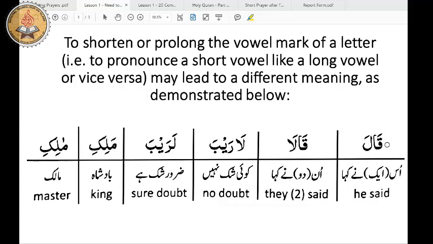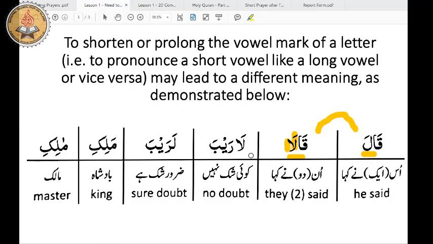With this one, you can see that even this one, so the first one that says qala, that means he said, and qala, if you prolong this one because there's an alif with it, then that means they, two people, said. Qala, he said, and qala, they said. So, again, you can see that just by prolonging this lam, you completely change the meaning.